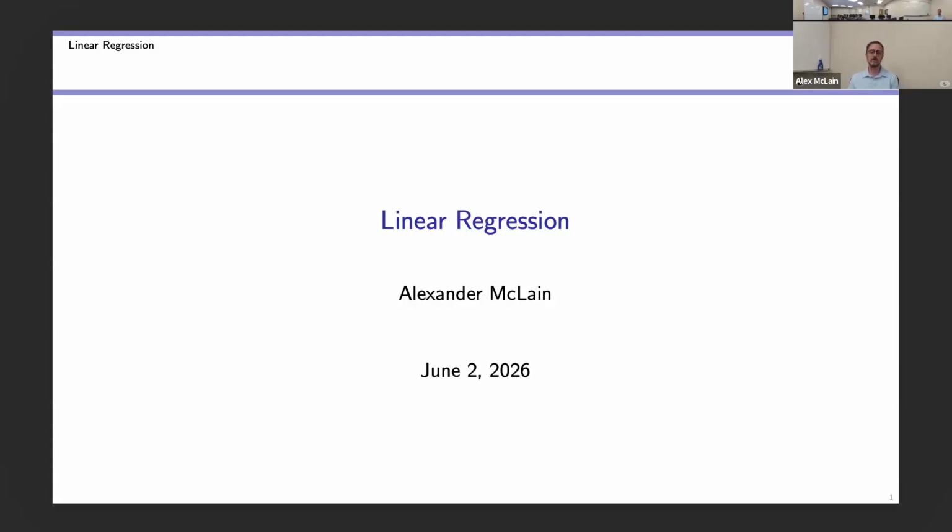But what he noticed was that very tall parents, like the tallest of the tall parents, their kids tended to be shorter than they were. And conversely, very short parents, the parents that were the lowest on the curve, their kids tended to be taller than they were.